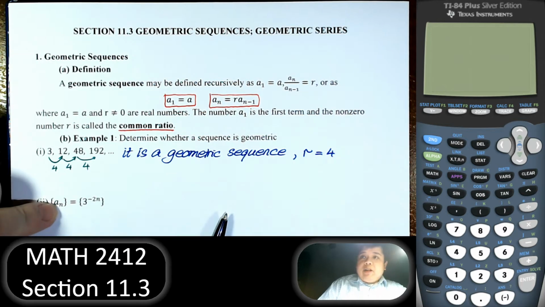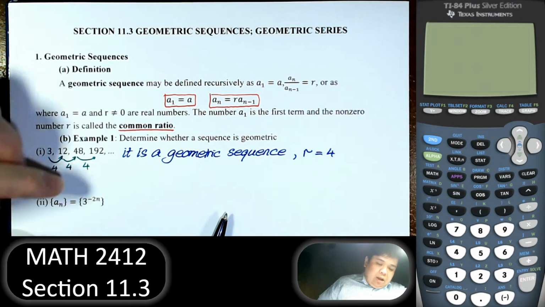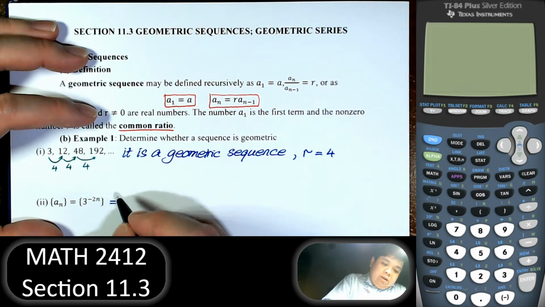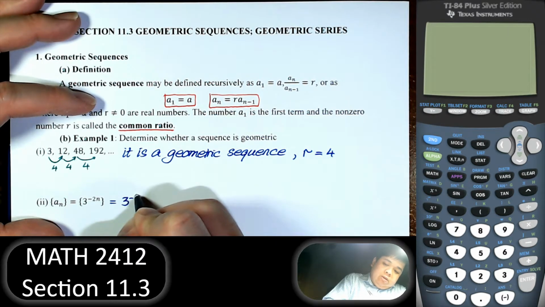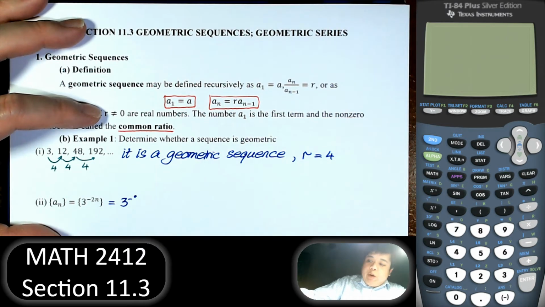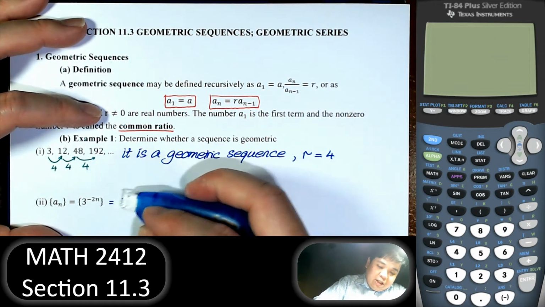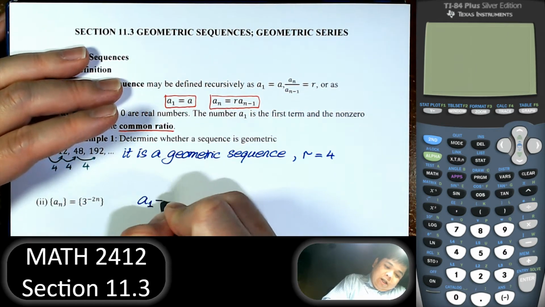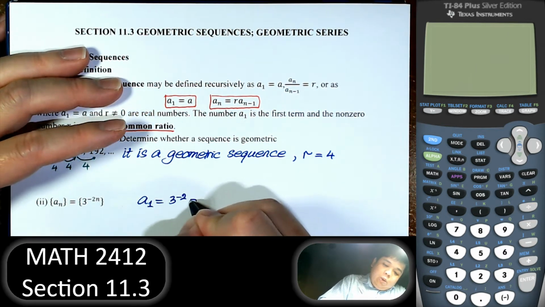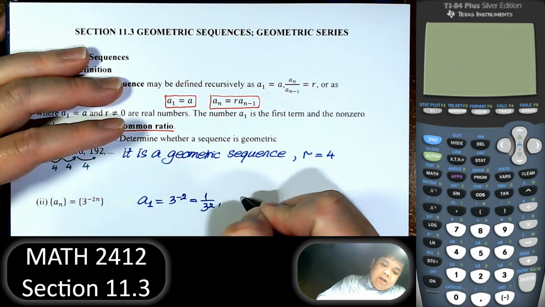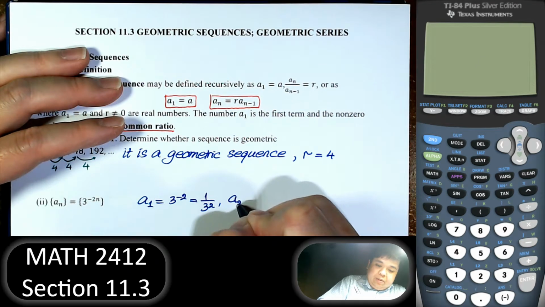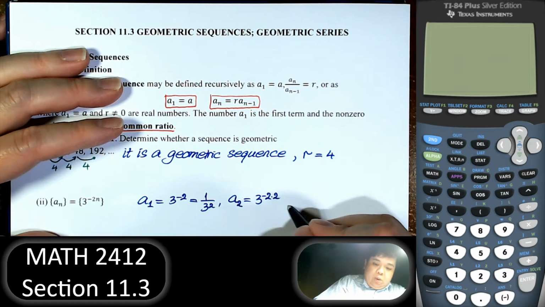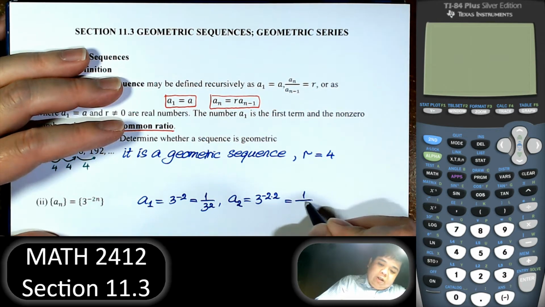How about this one? So if we write out a few terms, let's say when n equals 1, we have 3 to the negative 2. It would be very misleading if I write it like that, so let's just say a1 is 3 to the negative 2, which is 1 over 3 squared. a2 is 3 to the negative 2 times 2, which is 1 over 3 to the 4th.